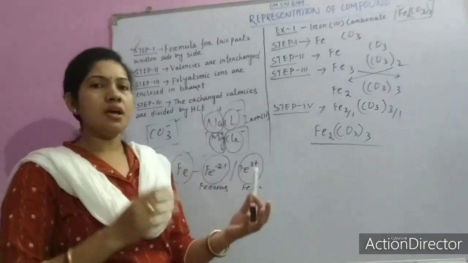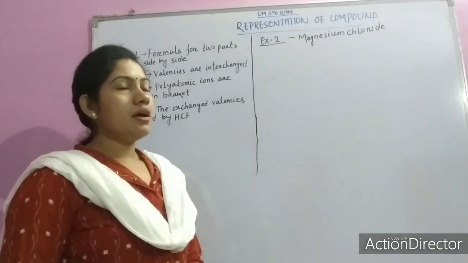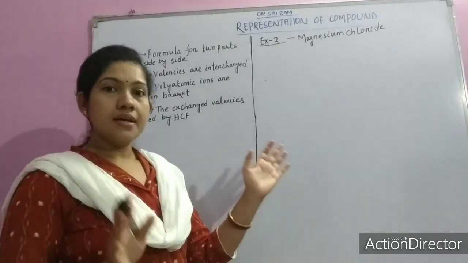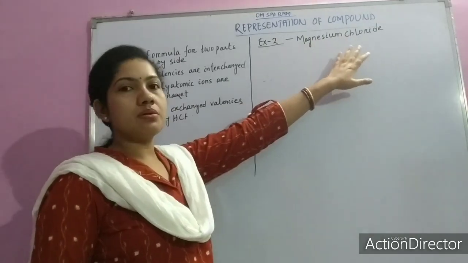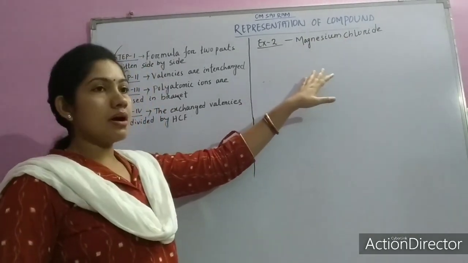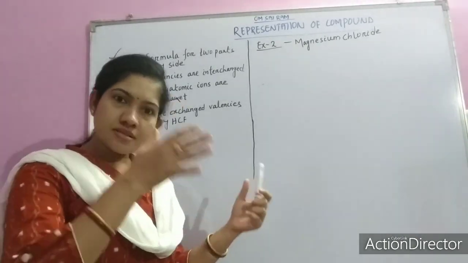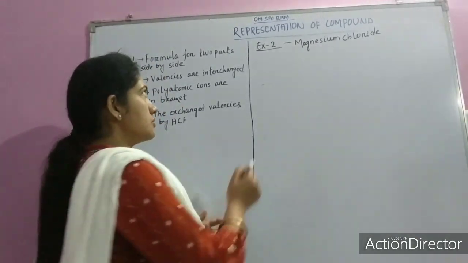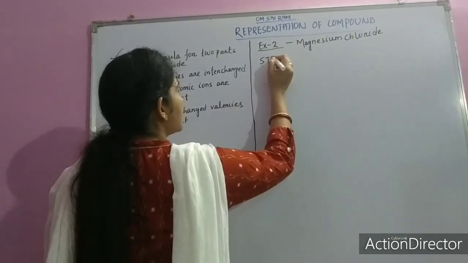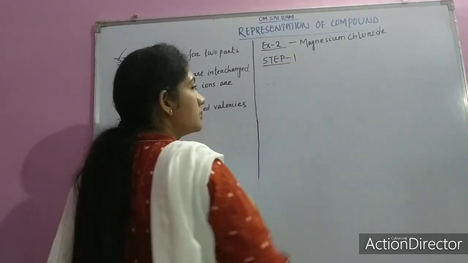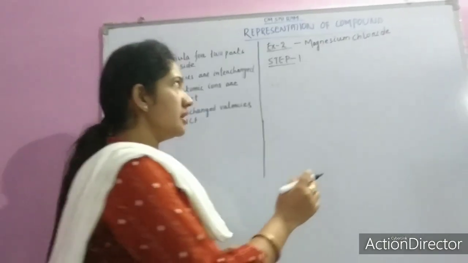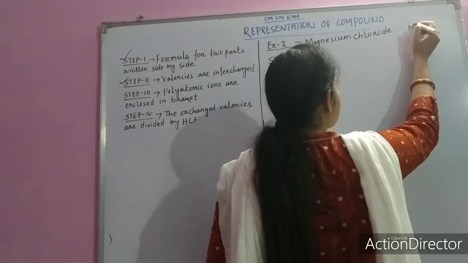Now let us move on to our next example, that is magnesium chloride. So here the same steps we will repeat. Step 1. We have to write the two parts of the formula, as I said. What are the two parts of magnesium chloride?